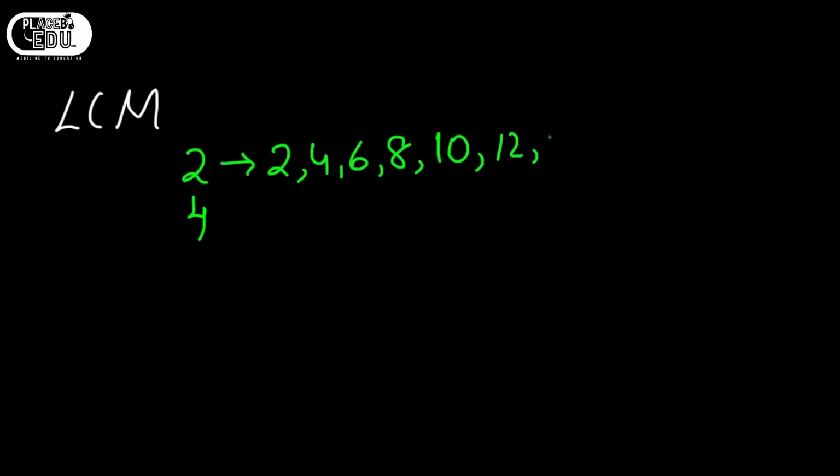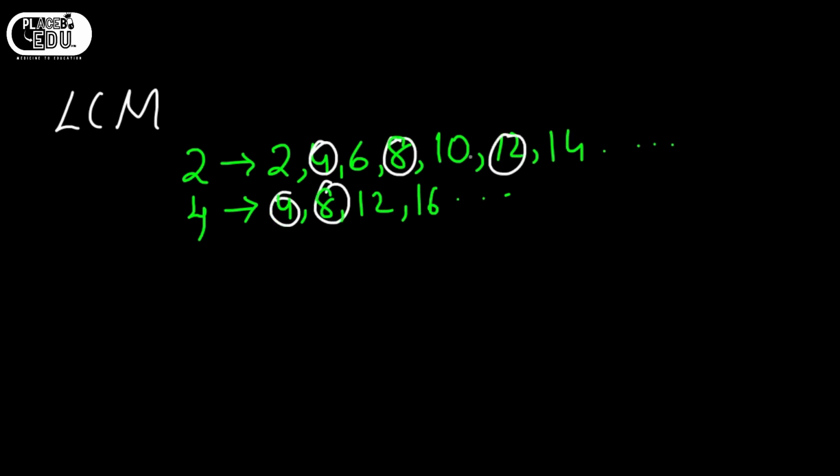So LCM, the name suggests the definition. For example, consider 2 and 4, and multiples of 4. In this, the common multiples are 4, 8, 12, and so on. And of the common multiples, the least one is 4.